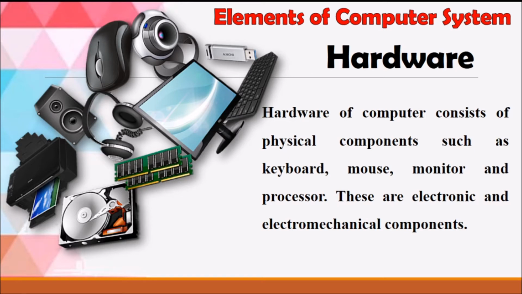Hardware of a computer consists of physical components such as keyboard, mouse, monitor, processor, electronic, electrochemical and mechanical components, as indicated in the picture. You can keep a list of items which are a part of the hardware of a computer system. So that is the first element of a computer system.